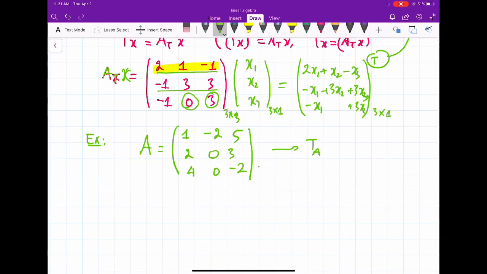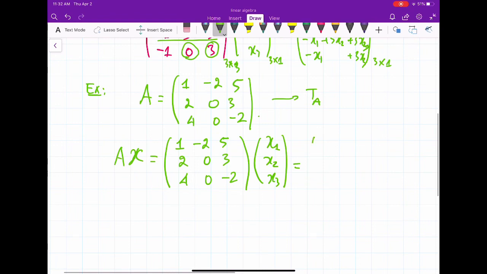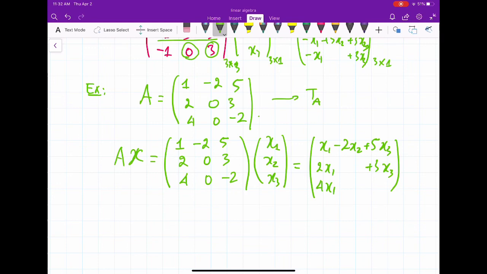So you just apply this matrix to some vector x. Apply it to x1, x2 and x3, or x, y, z, whatever you want. You have x1 - 2x2 + 5x3, 2x1 + 0x2 + 3x3, and then 4x1 + 0x2 again - 2x3.